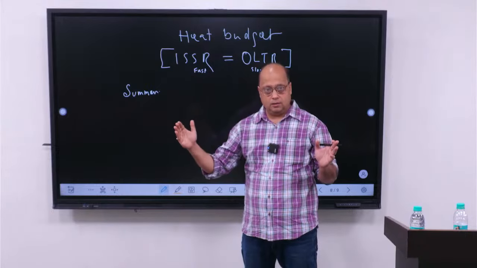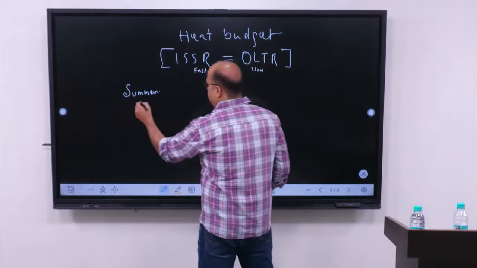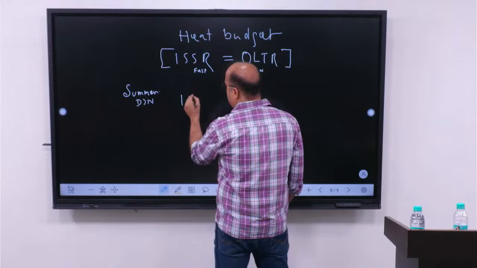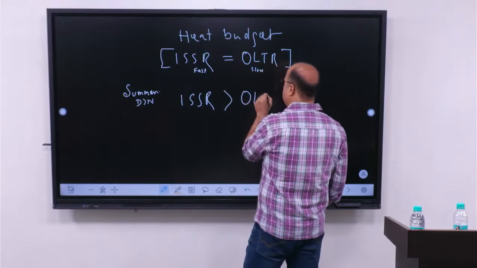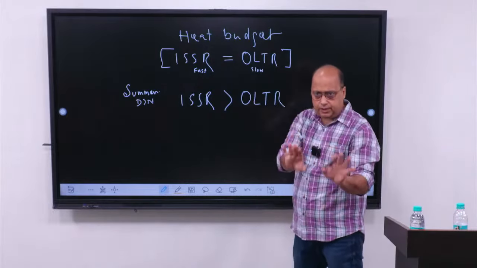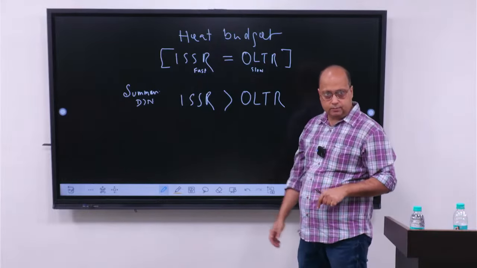Days are longer. As days are longer than the night, incoming short wave solar radiation is greater than the outgoing long wave terrestrial radiation. I am just giving a brief overview, and then we'll enter into the micro details.